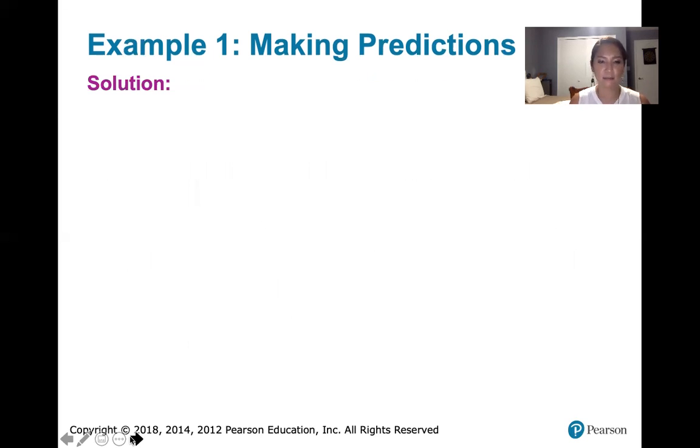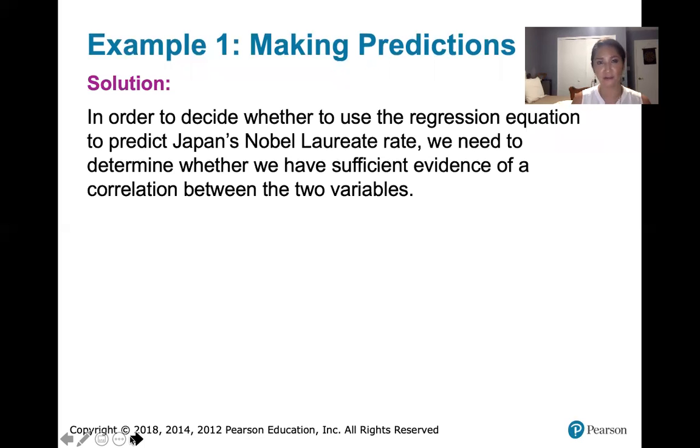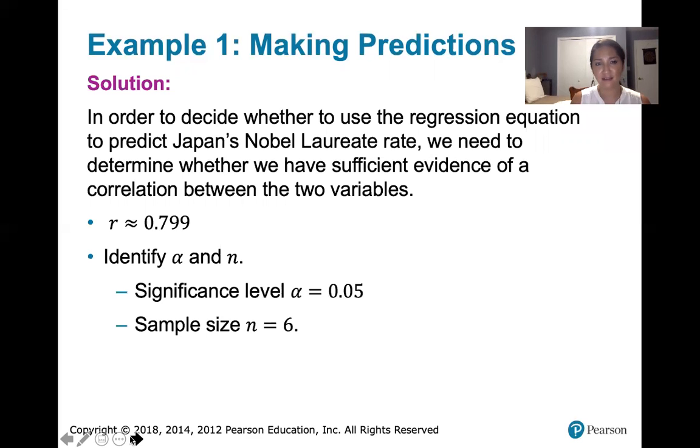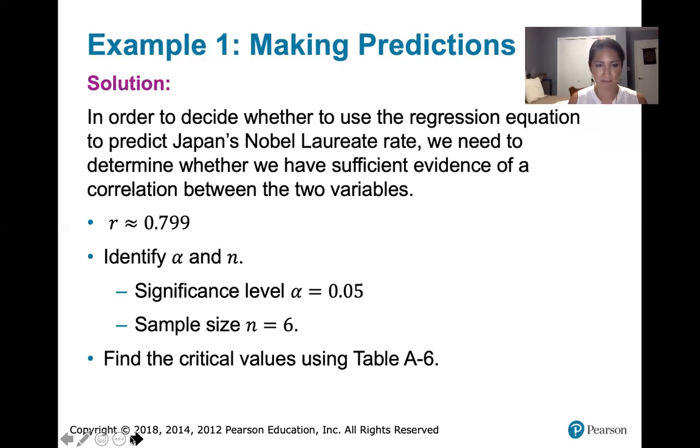Okay, so we'll start by deciding whether or not we have evidence of a correlation between the two variables. That requires coming up with our r value, which was given, and then identifying alpha and n. Alpha is our significance level, which happened to be 0.05, and our sample size was 6. We were told we had 6 ordered pairs, and we saw those 6 ordered pairs in the last video where we came up with that regression equation.